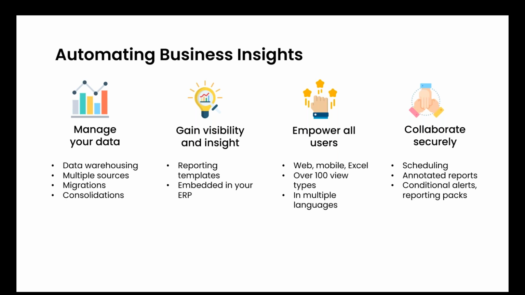So after the first step of gathering all of these data sources, you'd want to use a variety of tools to try to make sense of that data. One of the biggest differentiators of Sage Enterprise Intelligence is that we have pre-configured reporting templates and dashboards for Sage 300, and we continue to add to these reports.